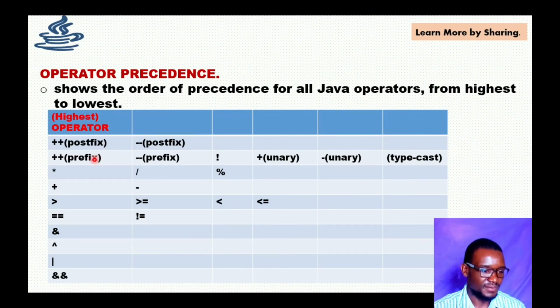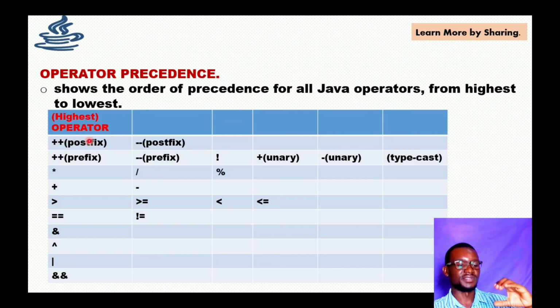We have the postfix operator. If there is a postfix in your expression or your line of code, it will be the first to be considered. The postfix increment or the postfix decrement will be the first to be considered.